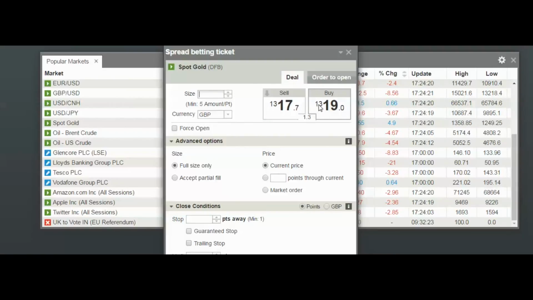If we bought gold at 1300 and traded at a minimum of £5 per point, and gold fell to say 1200, so it's fallen by 100 points at £5 per point, if that sell price was 1200, we'd be in a negative of £500.